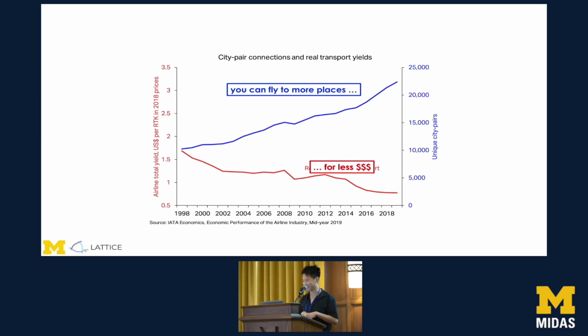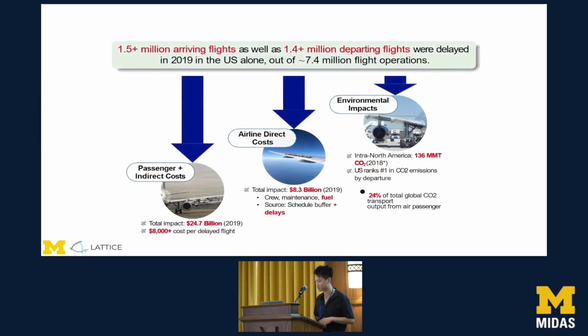I love planes and I love seeing them being used, but of course there's a cost in terms of congestion. We build our systems assuming a certain capacity. When that's exceeded, you get congestion, and there are real and indirect costs, both to the passengers and to the airlines, and also the potential for environmental costs.